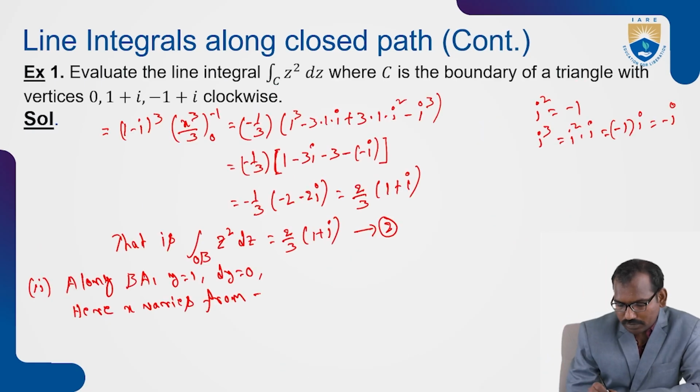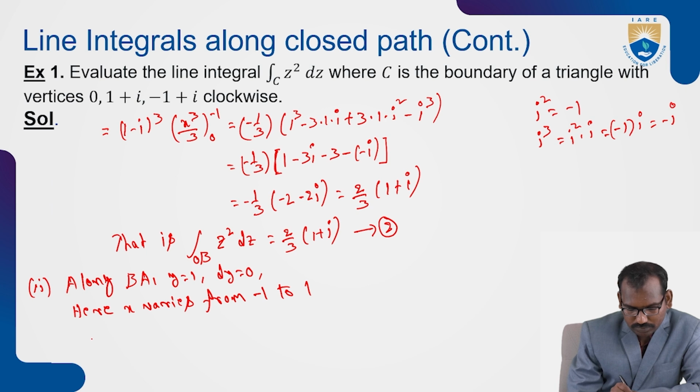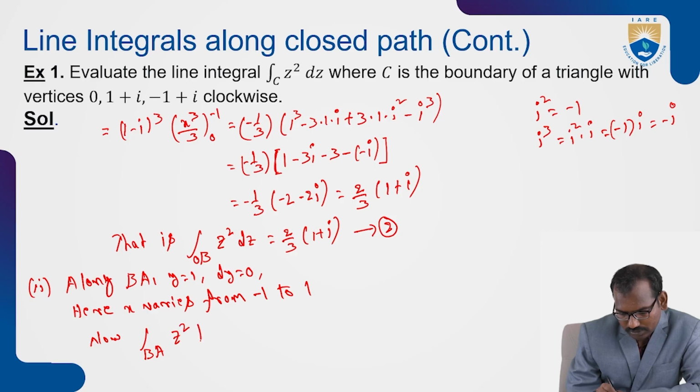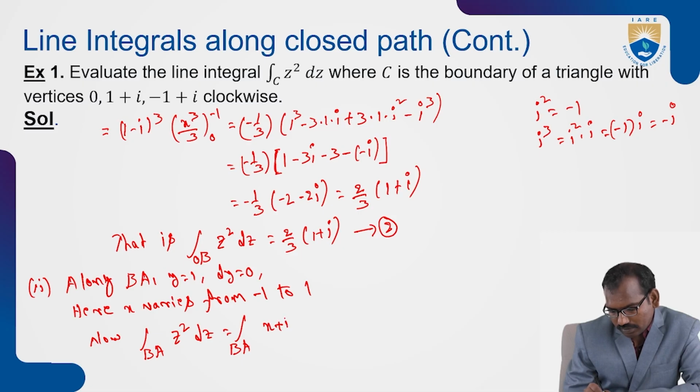So x variation from minus 1 to 1. Now you calculate along BA z square dz. This I am writing, along BA, (x plus iy) whole square (dx plus i dy).